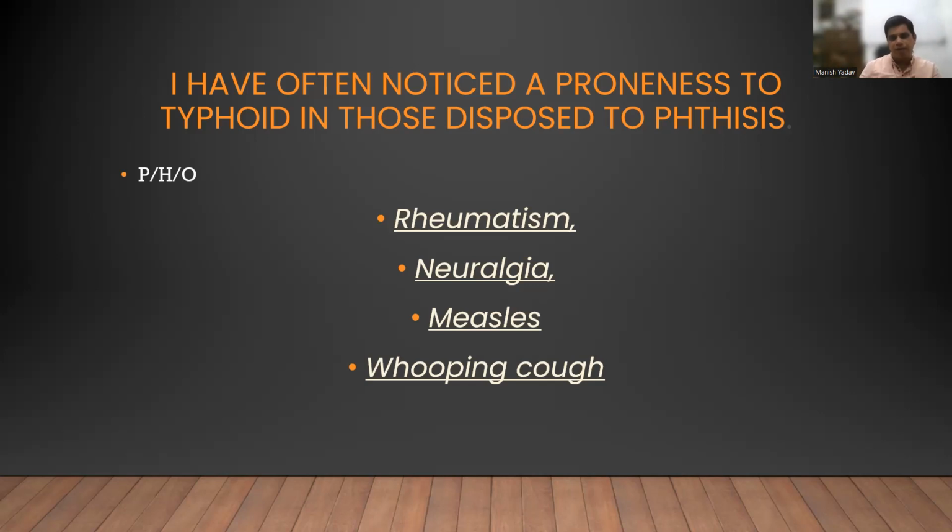We can use it in a later part as a nosode. Rheumatism, neuralgias, neuralgias are also part of tubercular diathesis. Now rheumatism can be psoric also. But yes, if so much tubercular base is there, then definitely tubercular miasm is very high in this case. And that is the nosode that we all have to think about.